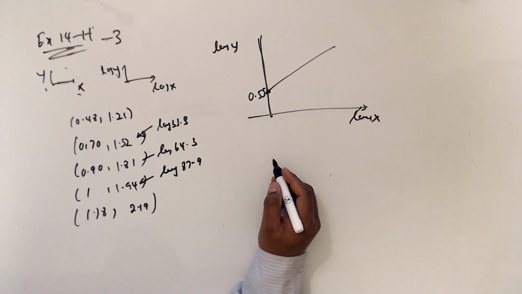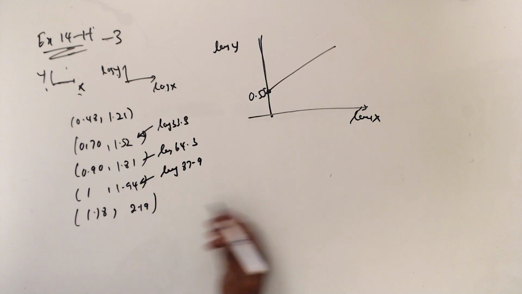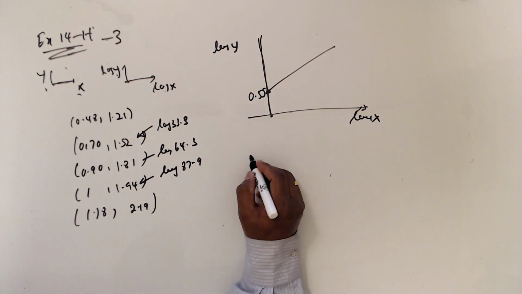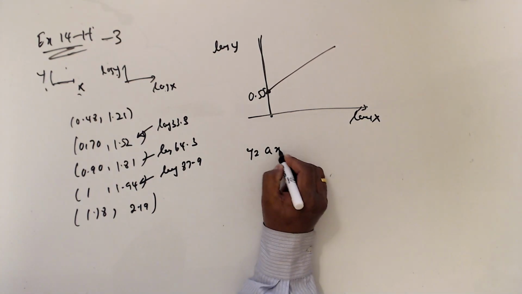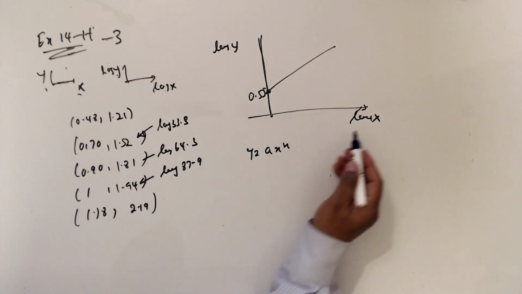What is the question? We need to find a and n. We have to work out y equals a x to the power n, then log x and log y.